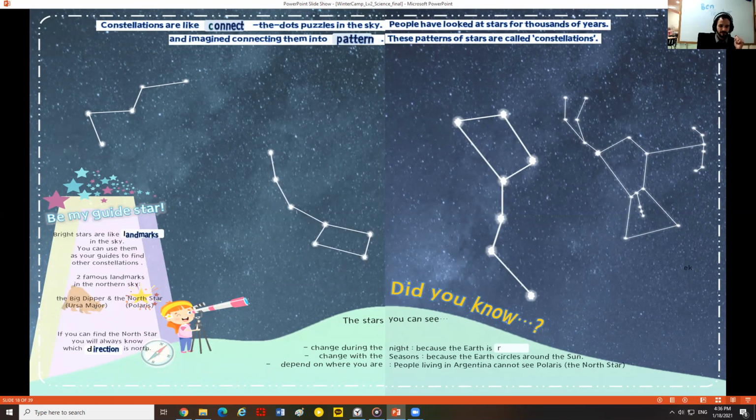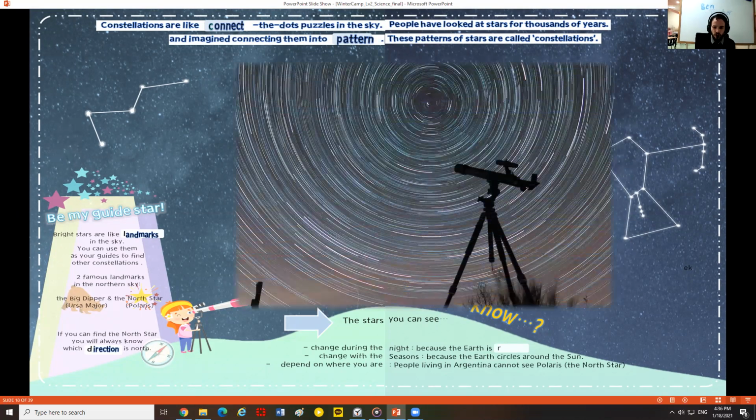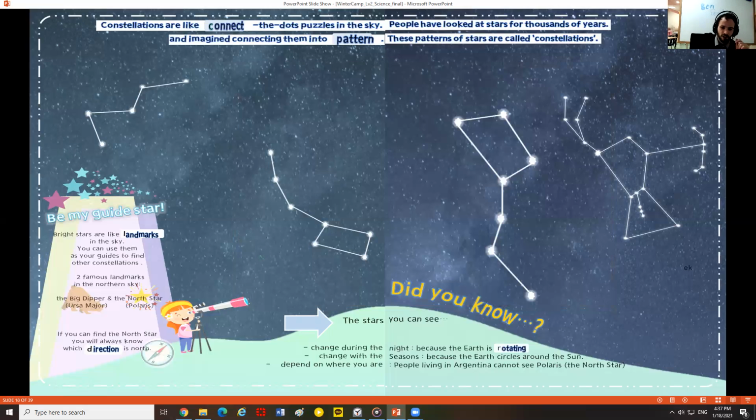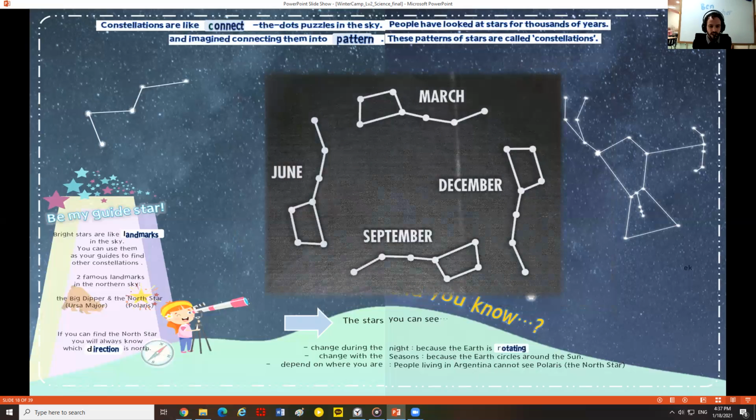Now, the stars you can see change during the night because Earth is rotating. Earth is rotating, turning all the time. So the stars and the constellations change. The stars you can see also change with the seasons because the Earth circles around the sun.